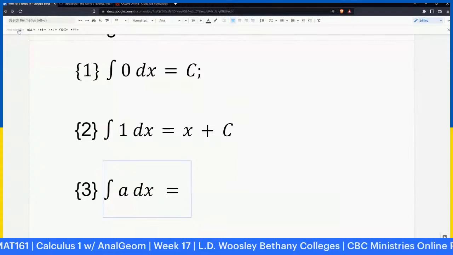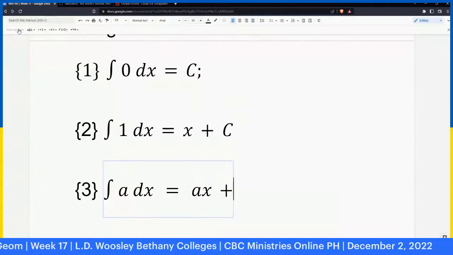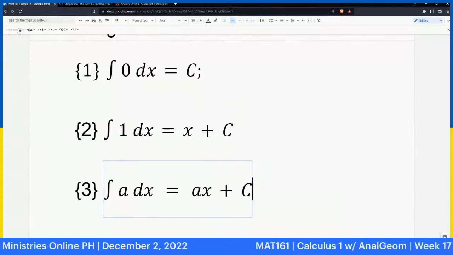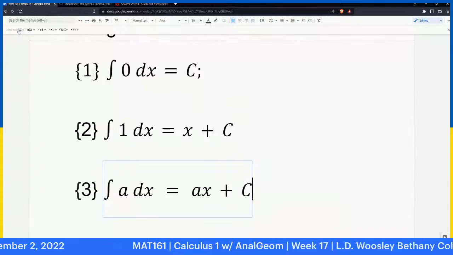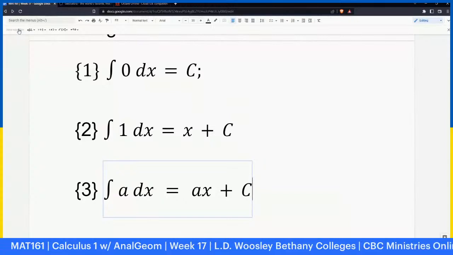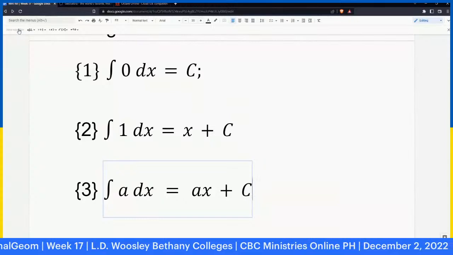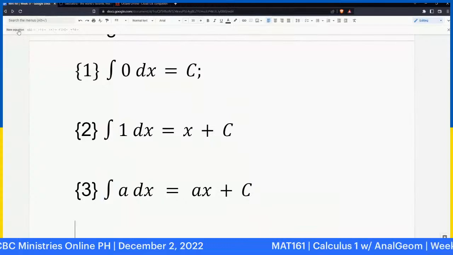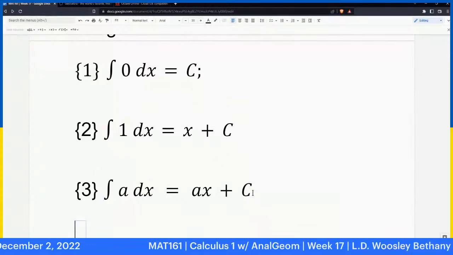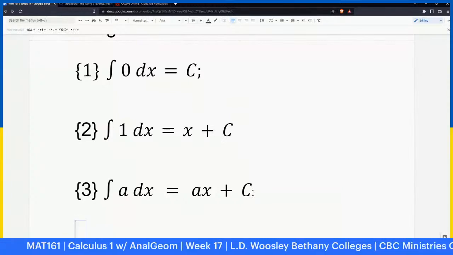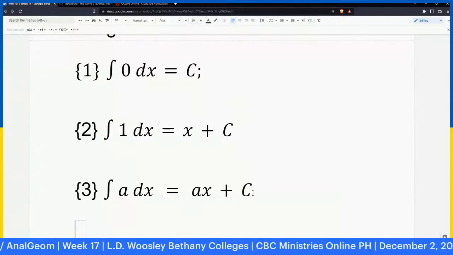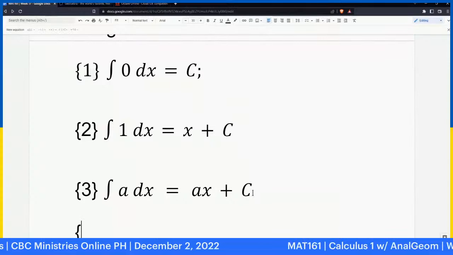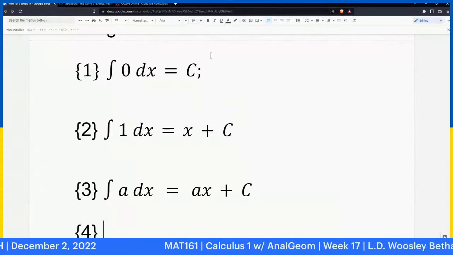So this is ax plus c. Guys, ax plus c. Take note that the differentiable variable is x. Kasi kanina, integral of 1 is x. X times 1 is x. Here, a times x is ax plus c. Don't forget the c. So, kahit ano na yan, integral of 3 dx is 3x plus c.